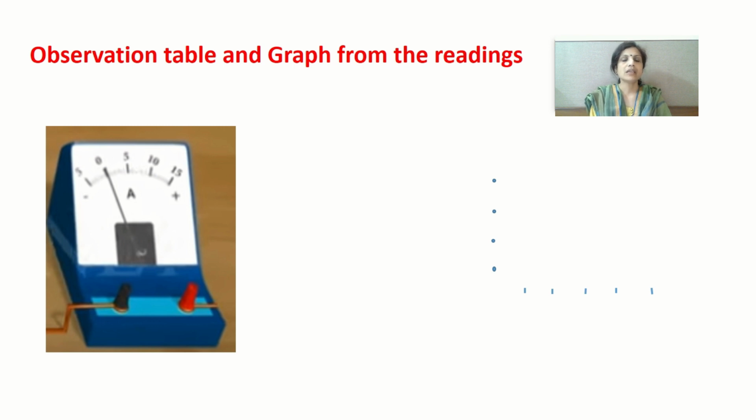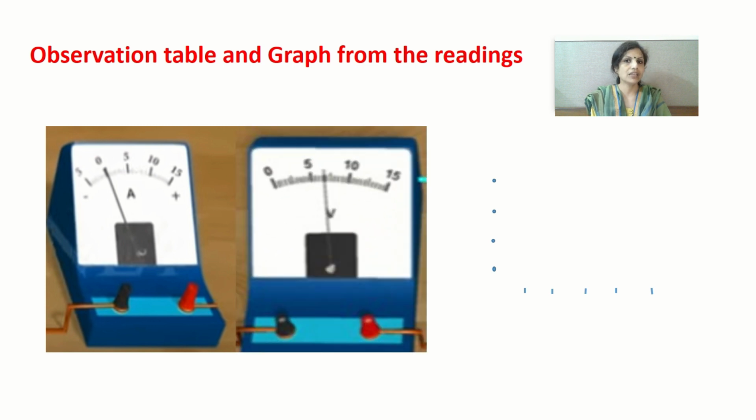This ammeter we have used, you will see that between 0 to 5 there are 10 lines. So every line has the value 0.2. In the same way, this is the voltmeter which we have used in the circuit which I showed you in the previous slides. Here also 0 to 5, and between 0 to 5 there are 10 lines.